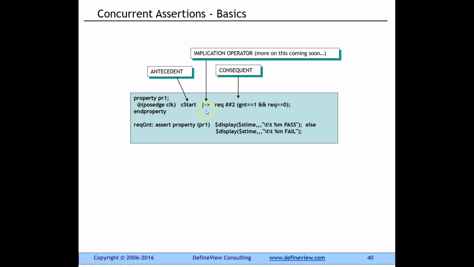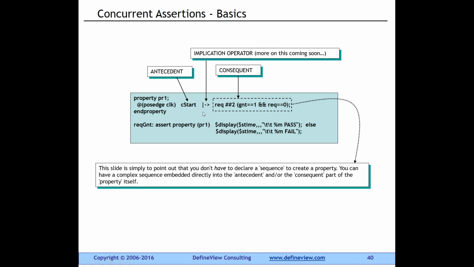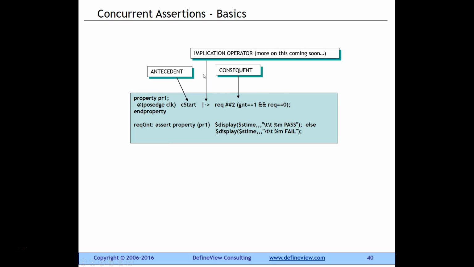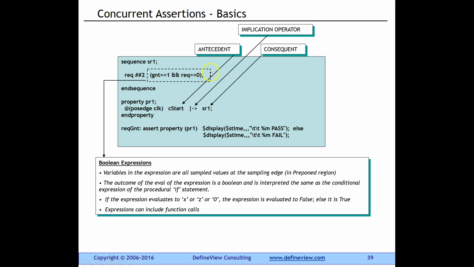Going back to the implication operator, like I was telling you, let's go back here. Here I have a sequence with this particular Boolean expression. In this slide, this Boolean expression occurs in a sequence, and then we call the sequence here.